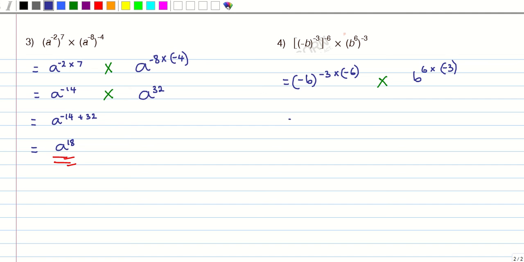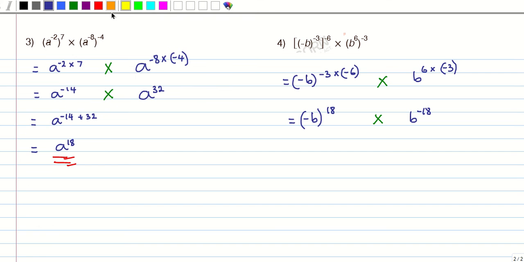Then this will give us negative b into the power of 18, that is negative 3 times negative 6, times b to the power of negative 18, that is 6 times negative 3.